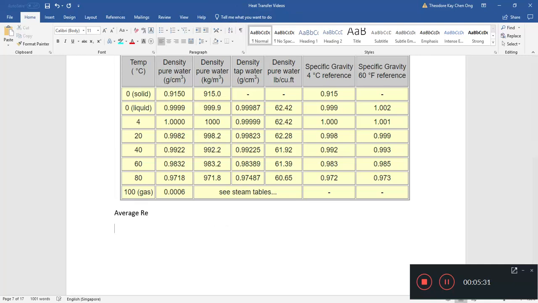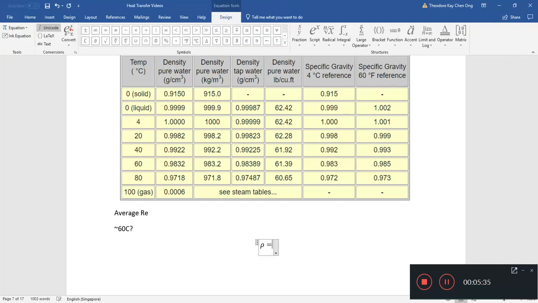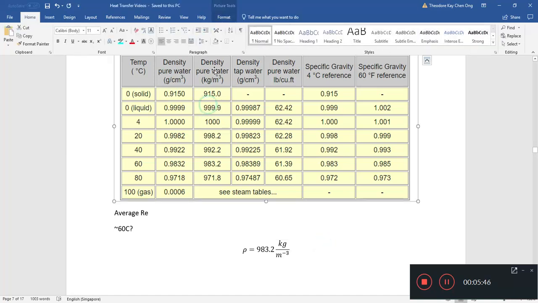So maybe 60 degrees. Rho equals 983.2 kg per meter cubed. So this is some average. All right, so density of pure water here, 983. We'll just give it a guess.